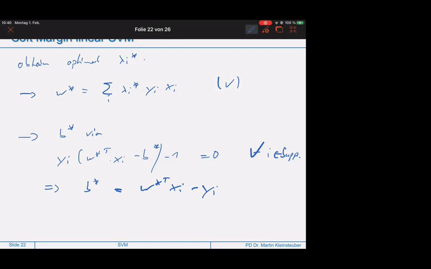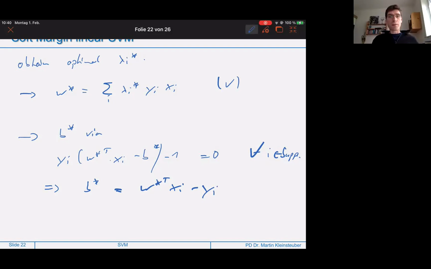That should be for the B star, and then we are done, more or less. I mean, it holds true for all I in the support.